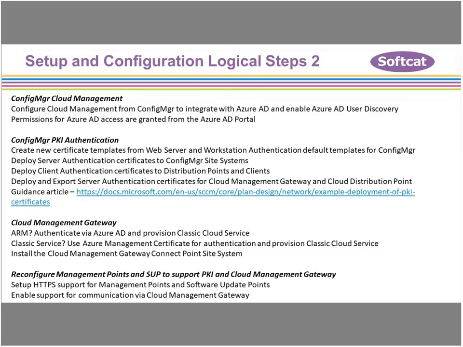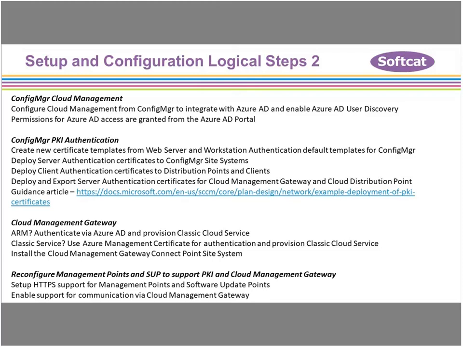But essentially the steps are: utilize the web server and the workstation authentication certificate templates that are built in, take duplicates of them, and then deploy server authentication certificates to Config Manager site systems, client authentication certificates to distribution points and also to your clients. And then there is a methodology that you need to go through to actually get certificates so that you can use them for the cloud management gateway and cloud distribution point.